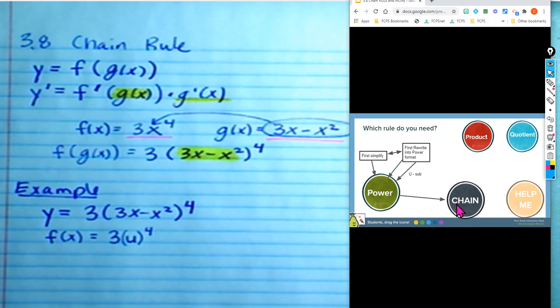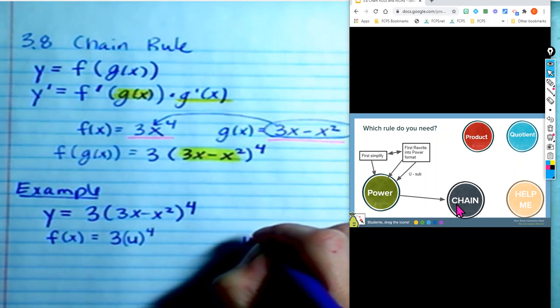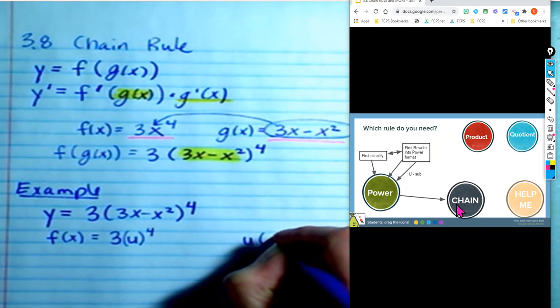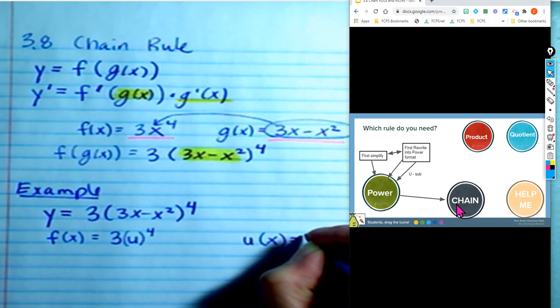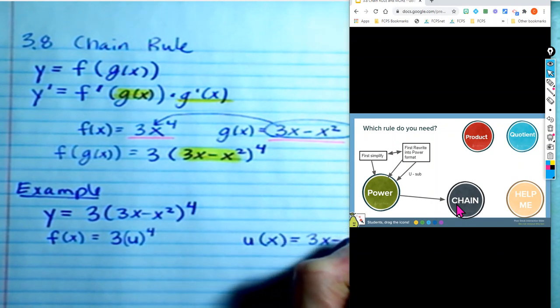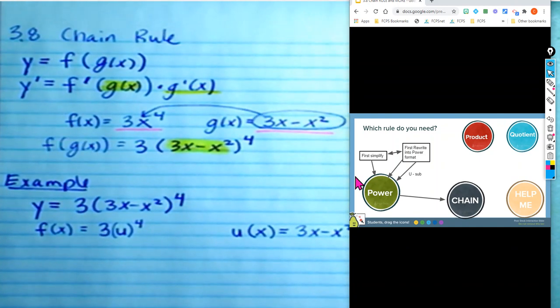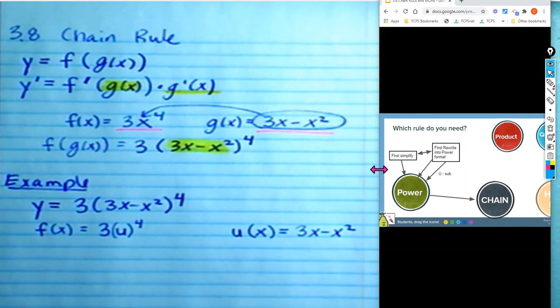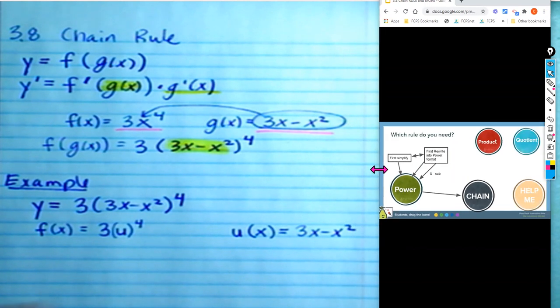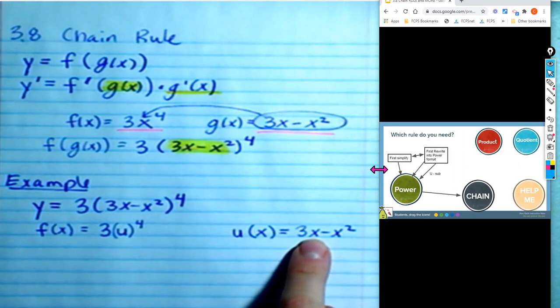I just don't. Okay, so u of x equals 3x minus x squared. Power rule, power rule. Do the derivative.